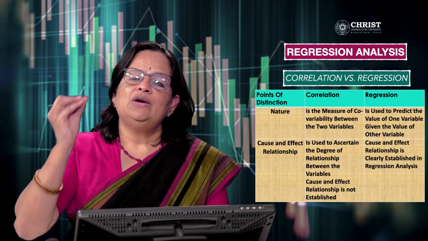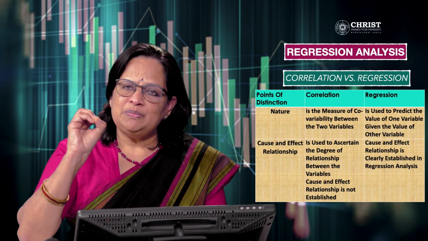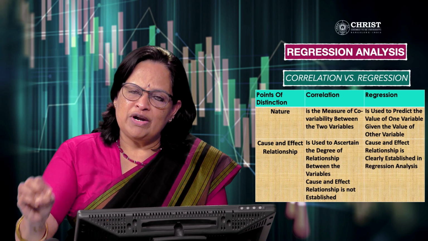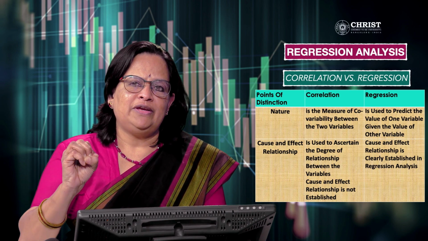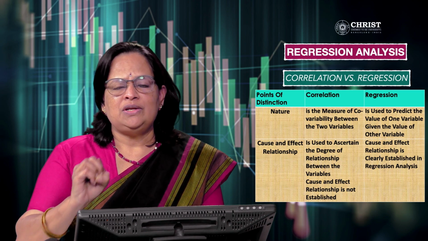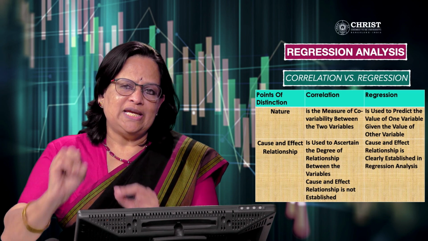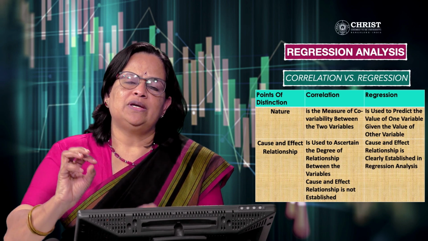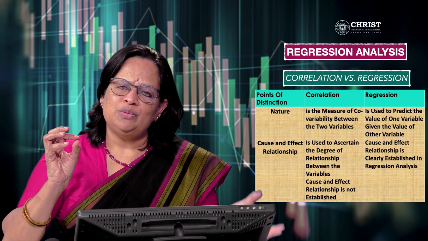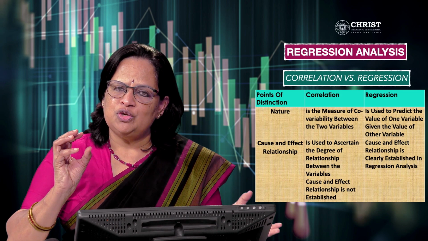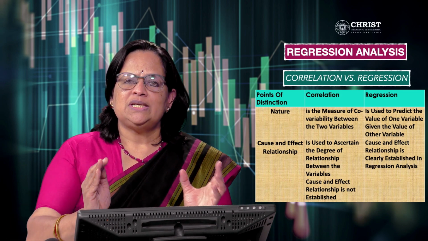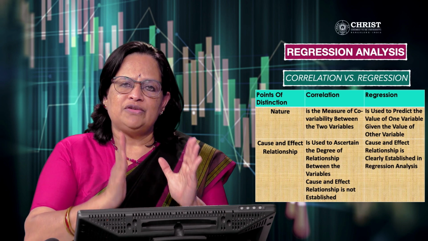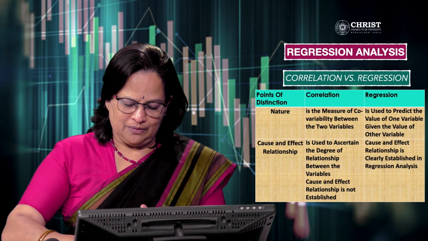Whereas in regression, once the relationship is established through correlation, we can predict the value of one variable given the value of other variable. That is the use of regression analysis. I told you about sales and advertisement: how you can analyze what should be the sales figure, and for that, what should be the advertisement expenditure or advertisement budget. This we can predict only through regression. So this is the difference between correlation and regression.